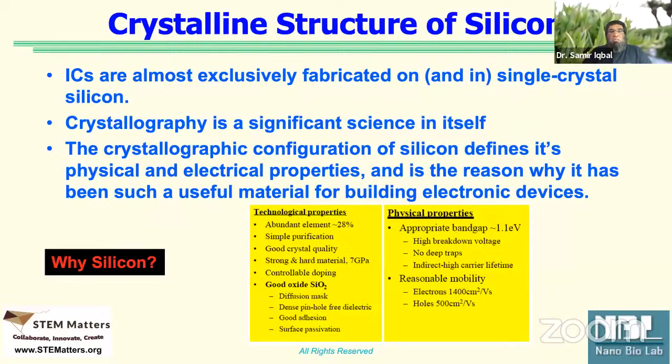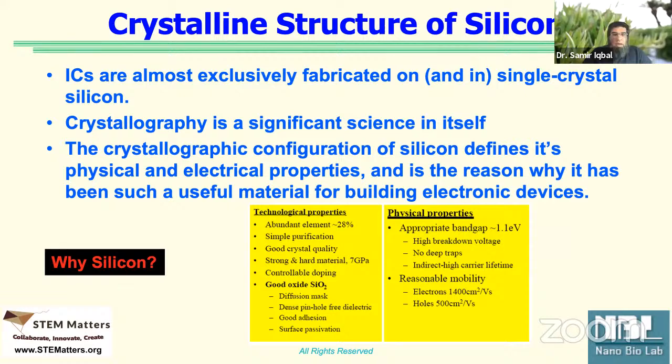And once we get crystal, it gives very good crystal, which is very strong and very hard. We can dope it, where we introduce other elements in it. We can oxidize silicon to silicon dioxide to get protective layers, to get insulating layers.